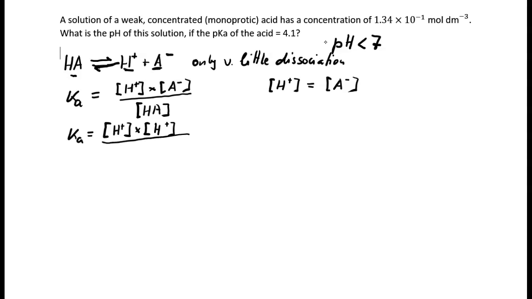Now what have we got in terms of the HA? Well, the undissociated acid that we have left would really be our initial concentration, minus what has been produced in terms of protons.